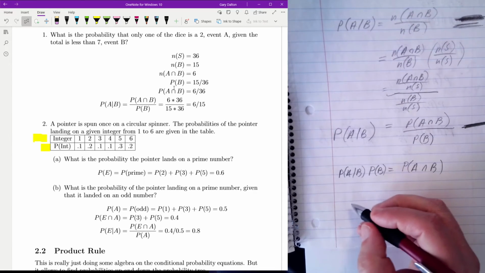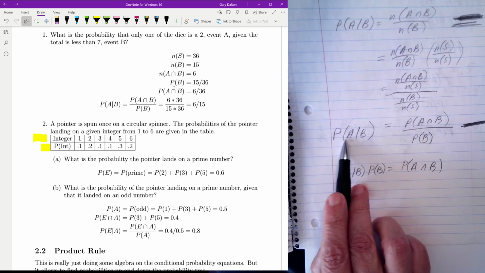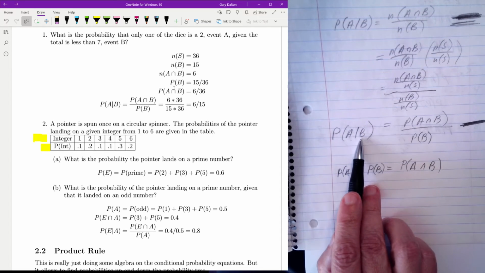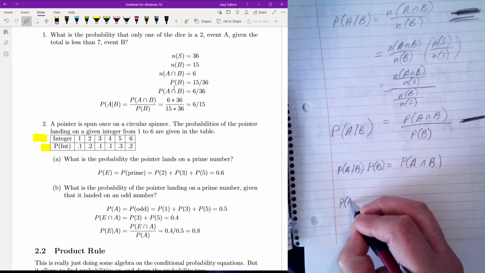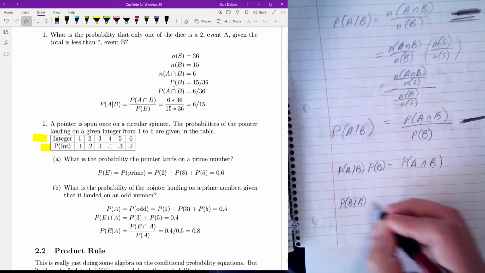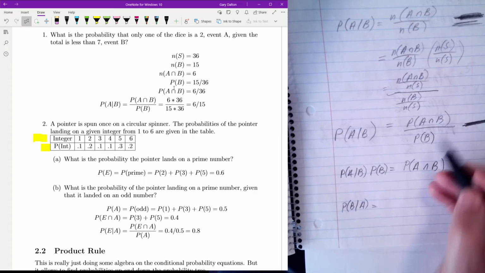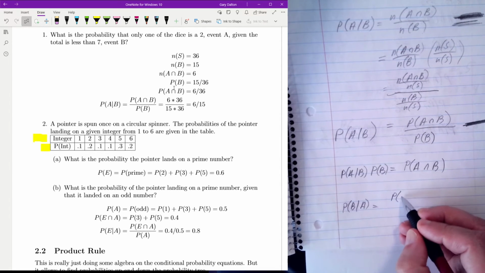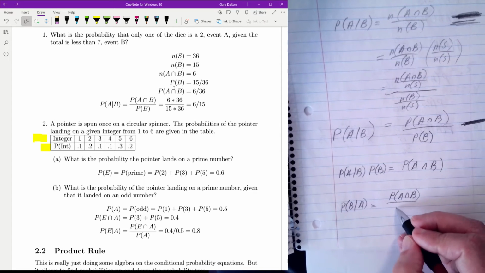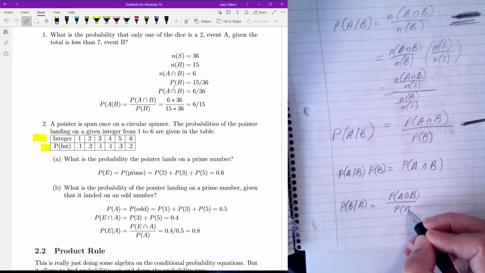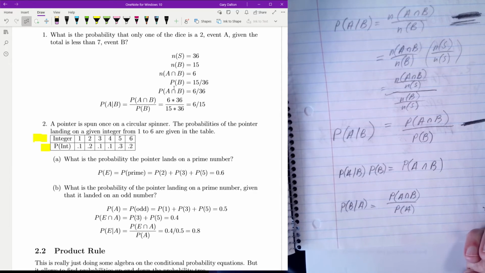Now let's also say this is the probability of A given B, but there's also a probability of B given A. And the probability of B given A is equal to the intersection, because the order doesn't matter. If I said the probability of B intersect A, it would be the exact same thing, divided by the probability of A. Right?